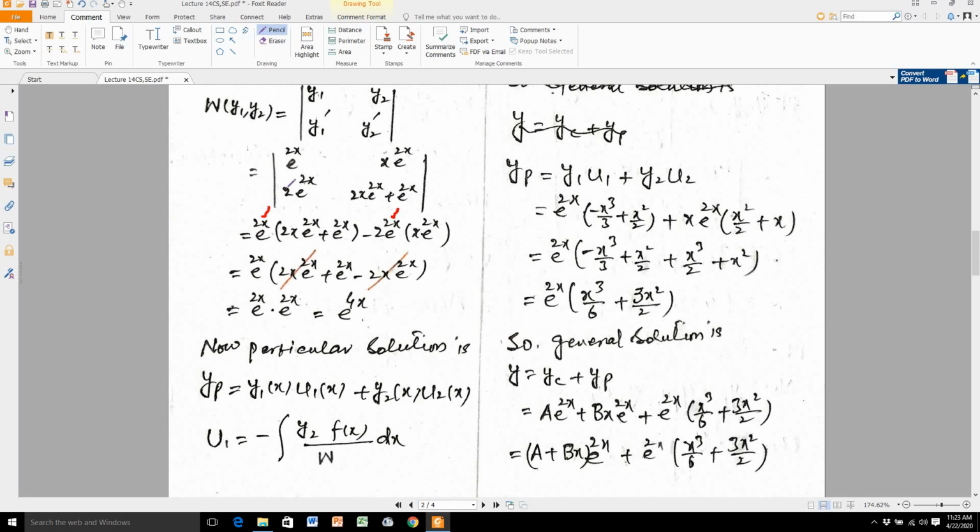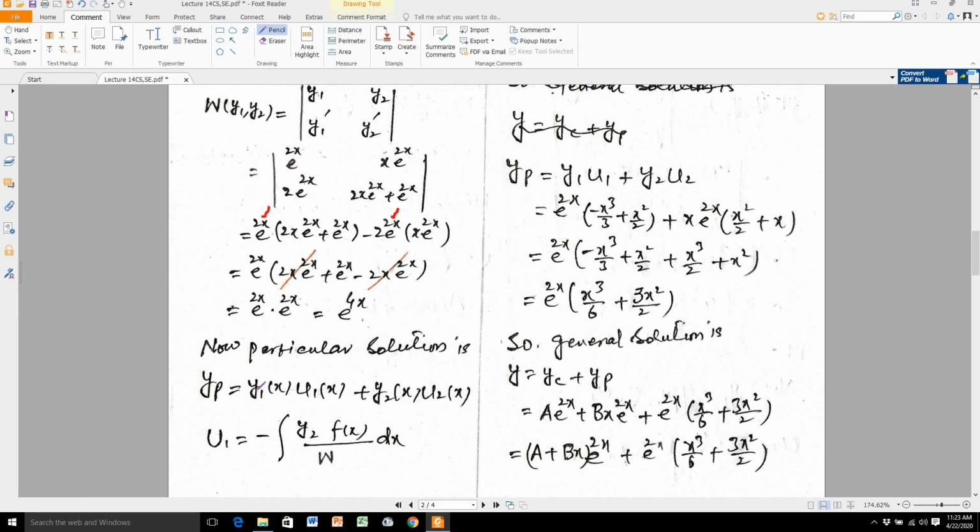Now we move towards the particular solution. This Wronskian is very important to find the particular solution. That's why after finding the characteristic solution you directly find the Wronskian and then you move towards the particular solution. Here you see yp is equal to y1 of x times u1 of x plus y2 of x times u2 of x.